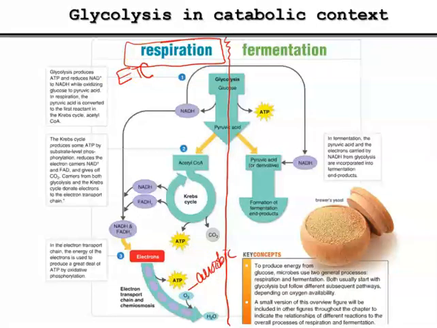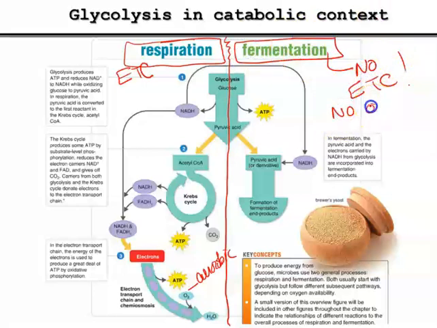In anaerobic respiration, we'll have an inorganic molecule that is not molecular oxygen. So NO3 minus, SO3 minus, etc. If we look at fermentation, fermentation means no ETC, right? No O2 required.